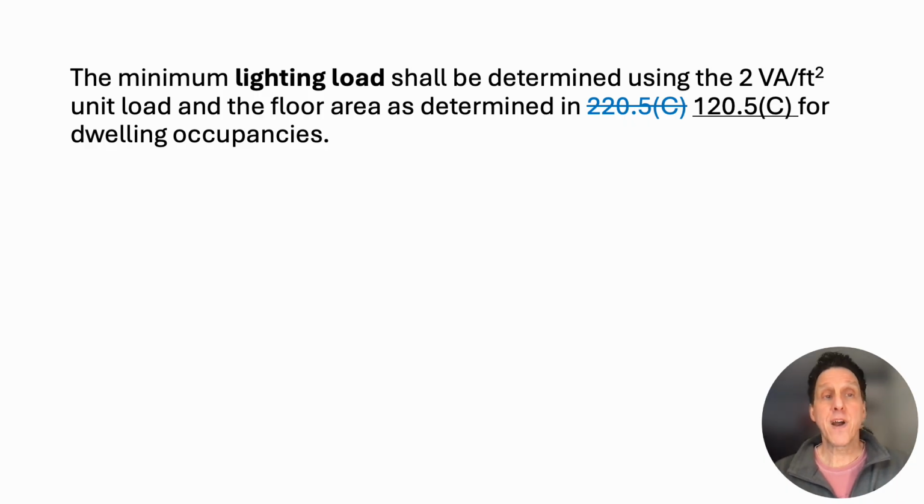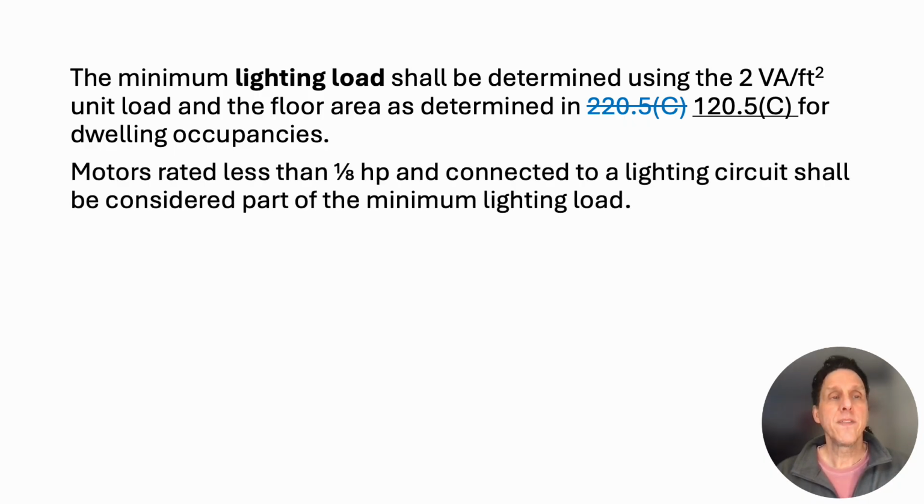Now, as far as the lighting load, that's the unit load. The minimum lighting load shall be determined using that 2 volt-amps per square foot unit load and the floor area as determined in 120.5(C) for dwelling occupancies. And then motors rated less than 1/8 horsepower and connected to a lighting circuit are considered part of the minimum lighting load.